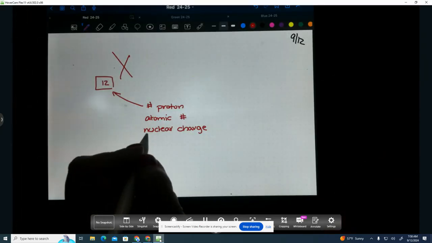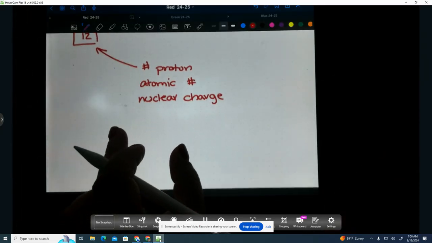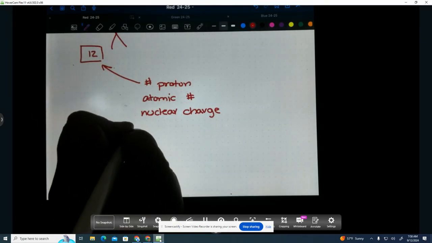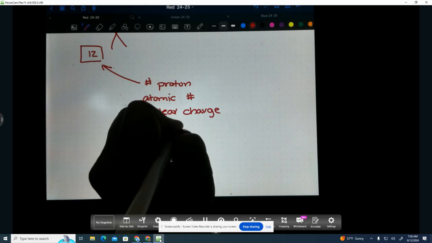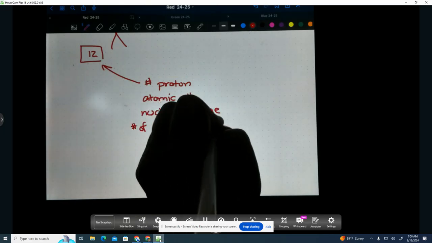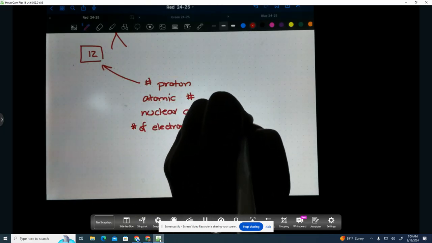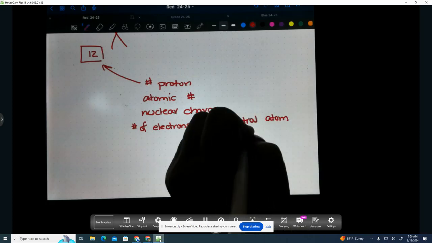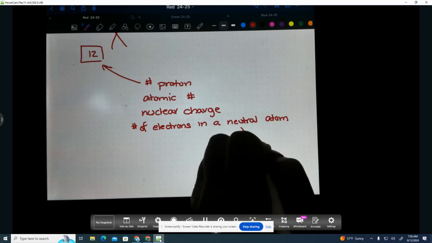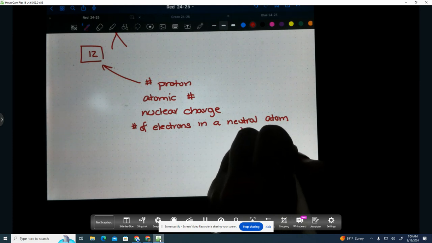All right. There's one other thing that number stands for. And that is the number of electrons in a neutral atom. And neutral means it has no charge.